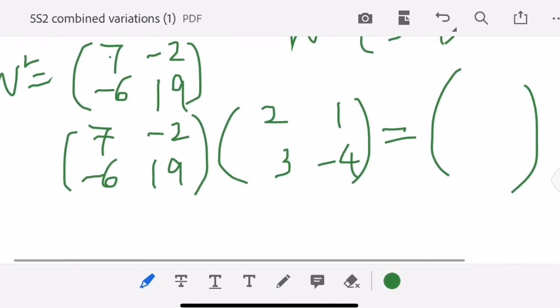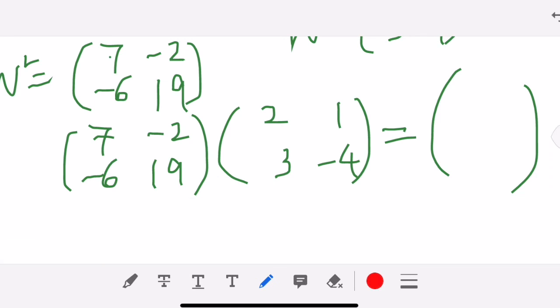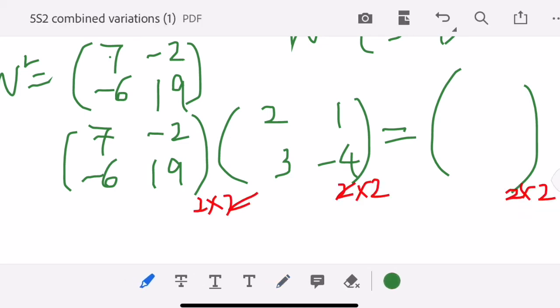You will get 2 by 2 for sure, because if you check the order, it is 2 by 2 here and 2 by 2 here, so the product will be 2 by 2, right? Okay, so let's do it now.